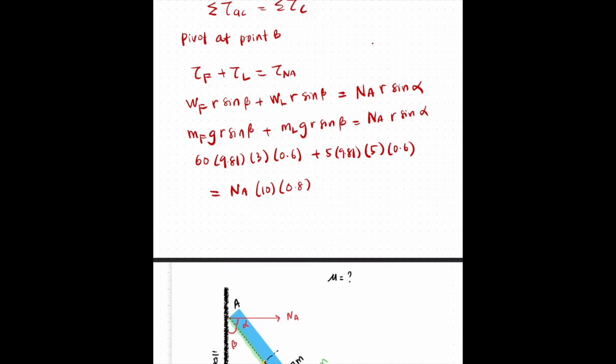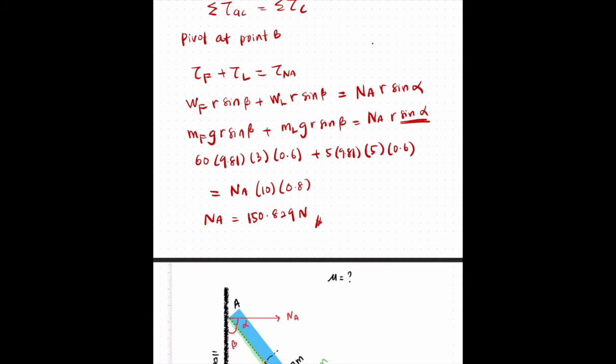I didn't convert to the degree. I just use sin alpha. Okay, then calculate NA. You will get NA is equal to 150.829 Newton.